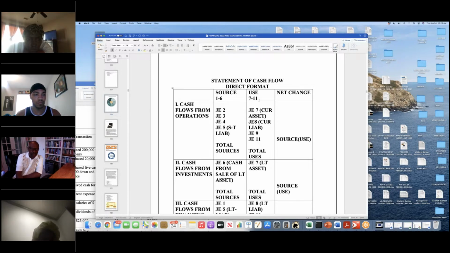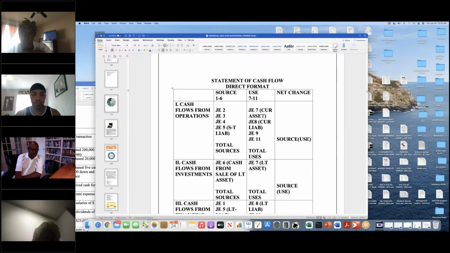And so in this first part, the sources of cash from operations involve sales for cash, sales on account, and collection of those sales, short-term loans, and then income earned in advance. All of these items relate to what the company's normal operation is supposed to be doing.